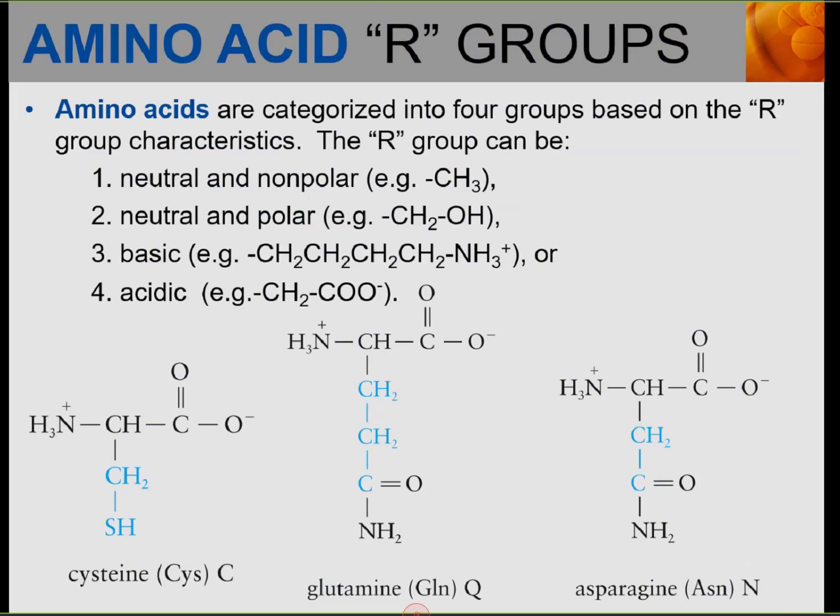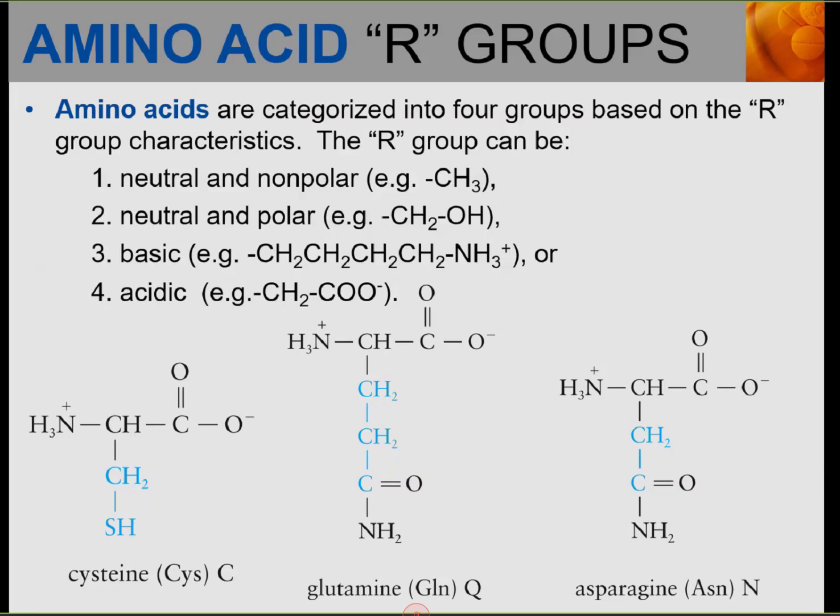So next, number 2 is neutral and polar. So these are side chains that are not charged, that's why they're neutral, but they have polar atoms in the side chain. A common one is cysteine. You'll note there's a sulfur there, that's the polar atom. Glutamine and asparagine have nitrogens and oxygens.